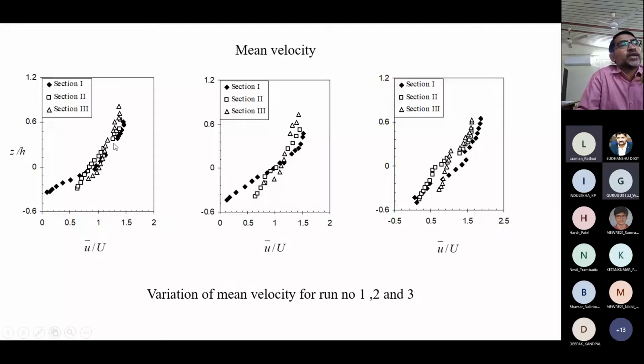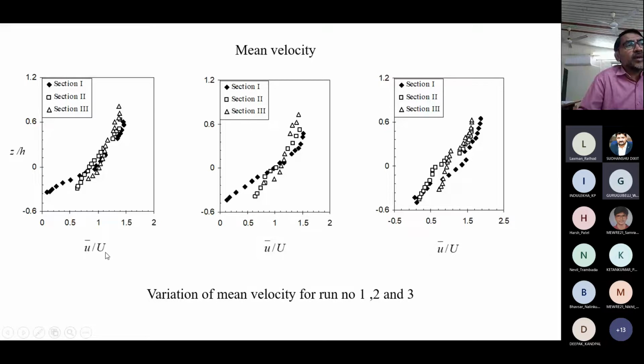That was somewhere here at this location, one location where we have taken a reading. Similarly, you can see the number of points. If you count, 1, 2, 3, 4, 5, 6, 7, 8, probably 16 points are there for this triangle. So for section 3, I have taken observations at 16 different points across the depth of the channel. Then I calculated the mean velocity by taking the mean of the data, and that has been plotted here.